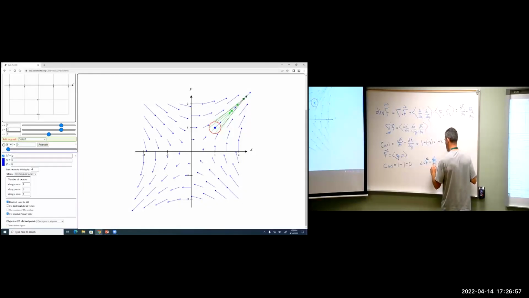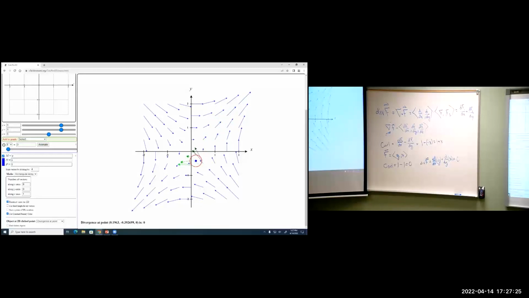Derivative with respect to x of y plus the derivative with respect to y of x is 0. So that tells us that at any point in this vector field, these things are in balance. There is as much going in as there is coming out for this particular vector field.